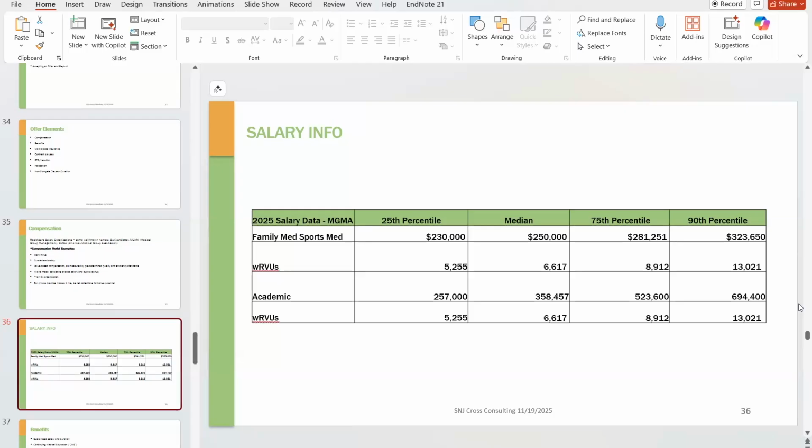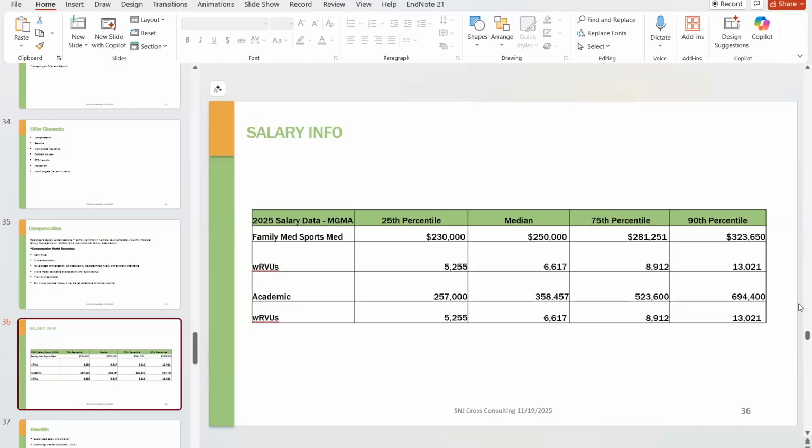They've been low in the past, but when I was able to get this recent salary data, I was really surprised that the salary data for their positions is far greater than that according to MGMA, but they're still using the same work RVU numbers. So that part has not changed.